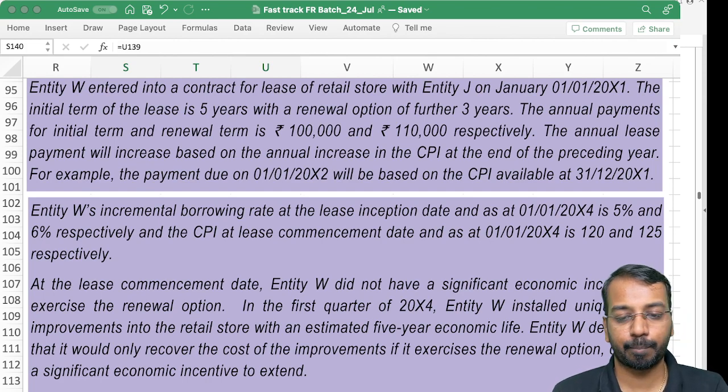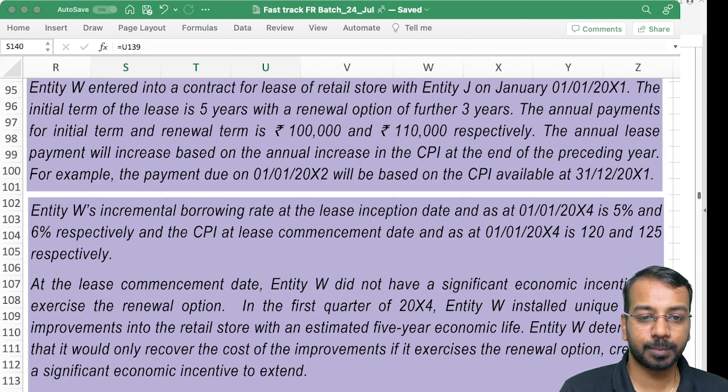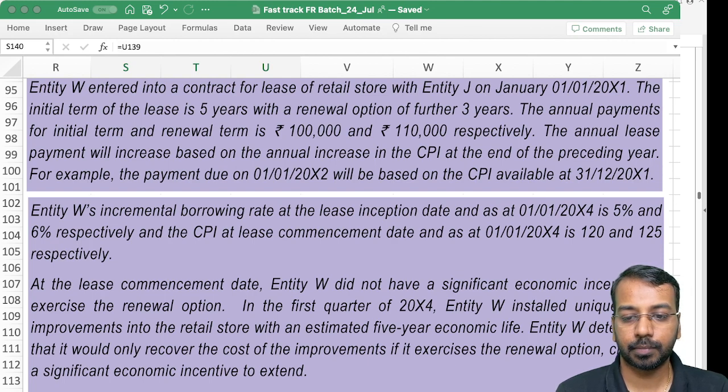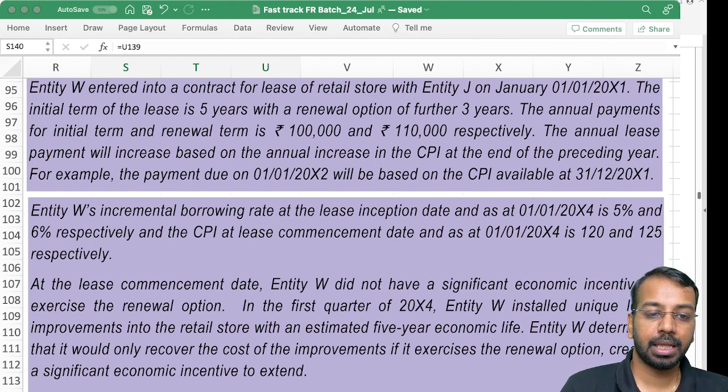Okay, Akshay says yes. Sanjay says yes. Okay, great. Now we have decided we'll extend.